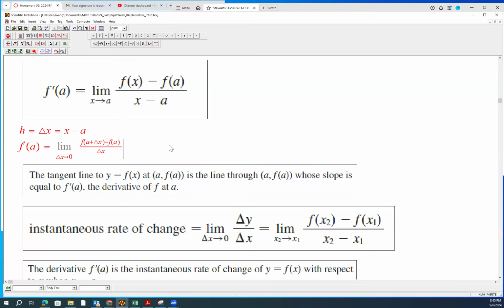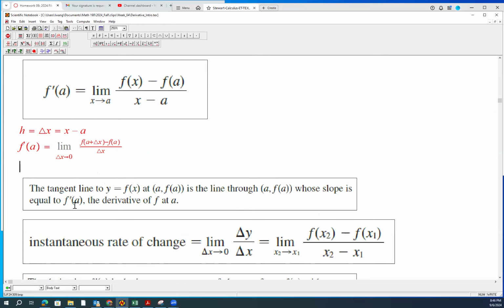And the next form, so we already have 1, 2, 3 forms. The next form is that we're going to call x1, x2, right? You can see instantaneous rate of change, right? F of x2.